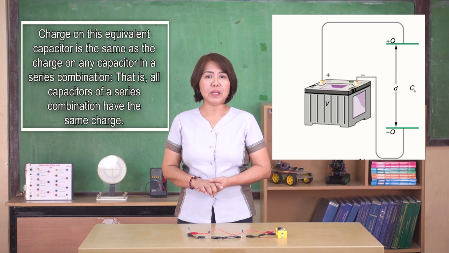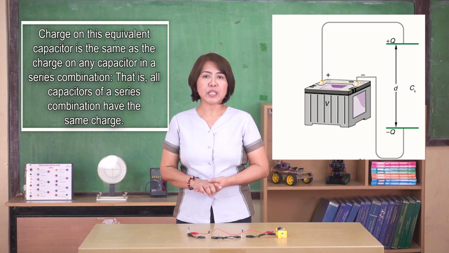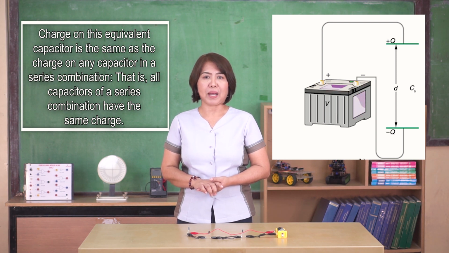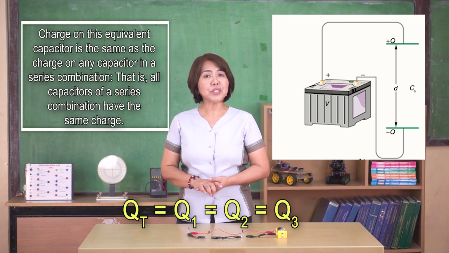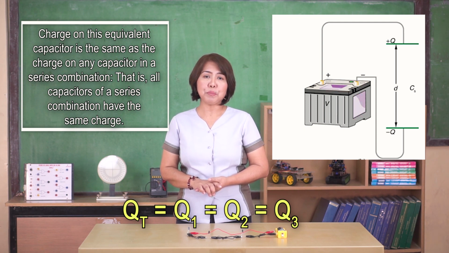Charge on this equivalent capacitor is the same as the charge on any capacitor in a series combination. That is, all capacitors of a series combination have the same charges. Q sub t is equal to Q sub 1 is equal to Q sub 2 is equal to Q sub 3.